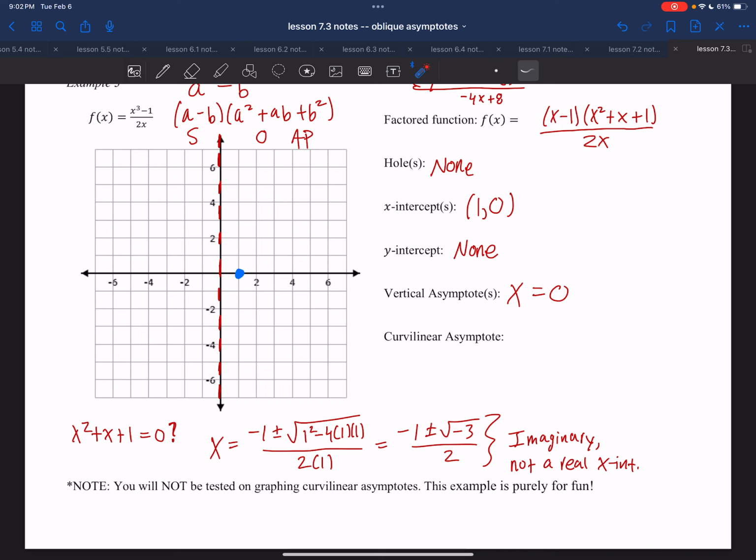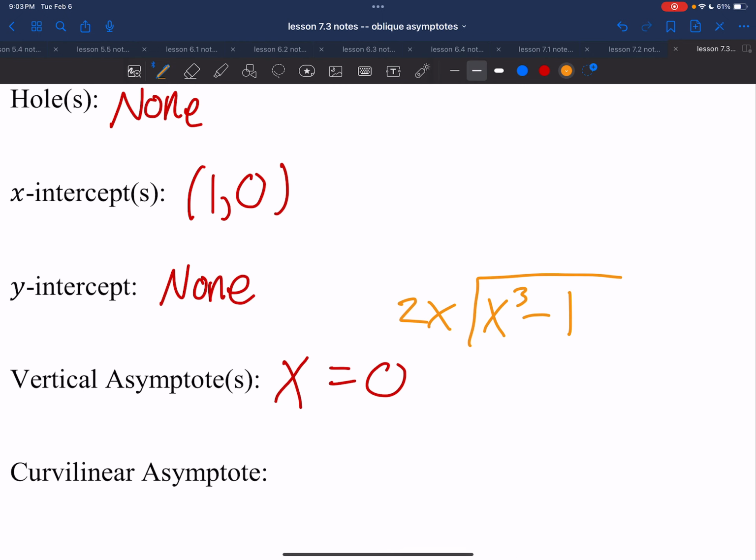Huh? Well, how do I do that? Well, you do it the same way you have been. We're going to use long division, right? So I've got x cubed minus 1. Let's do this in yellow. Let's do x cubed minus 1. We're going to divide this by 2x. Now, this is actually a pretty simple long division. It's over very quickly. 2x times 1/2, 2 times a half gets you 1. X times x squared gets you x cubed.